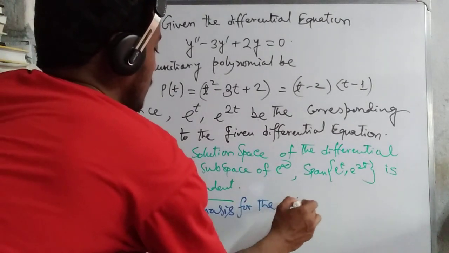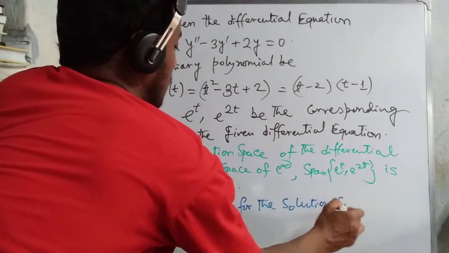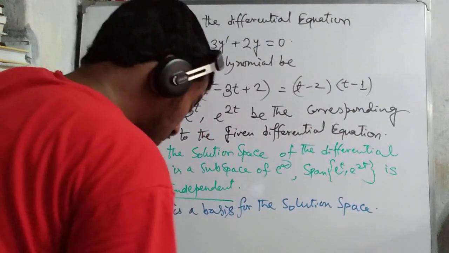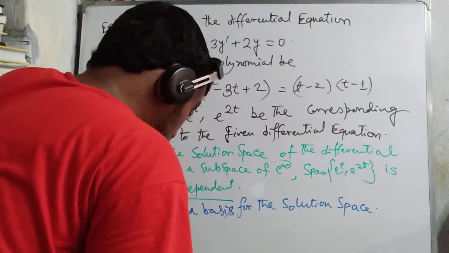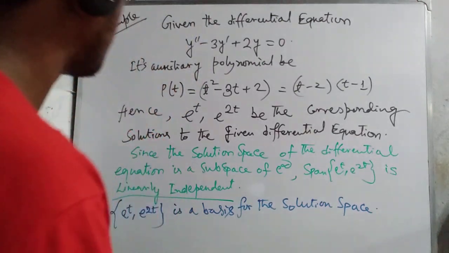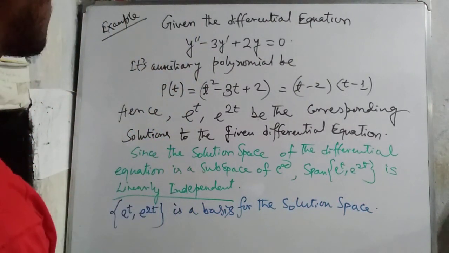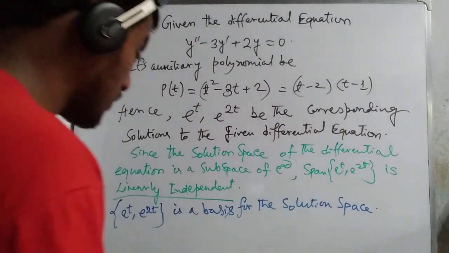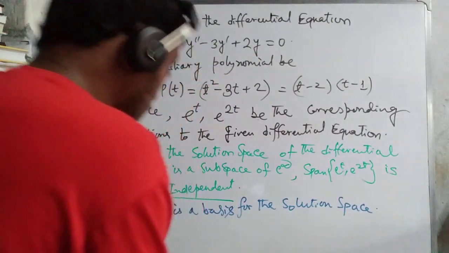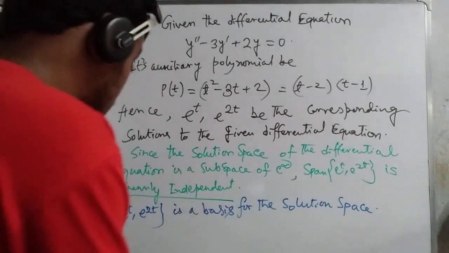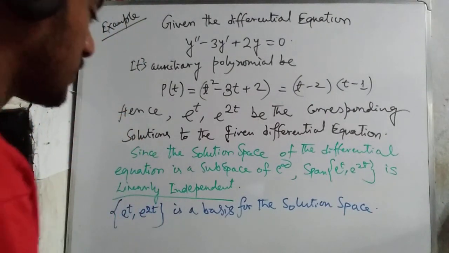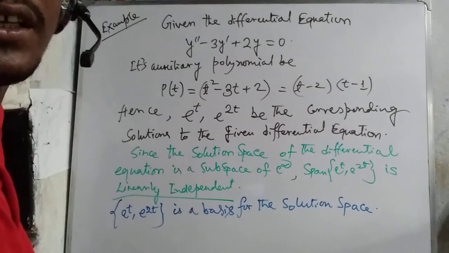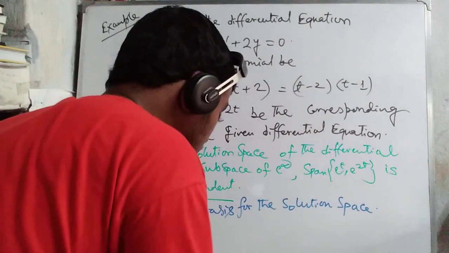Understood? Then we find a basis for the solution space from the given differential equation. In this way we also discuss this theorem related example. I think this one is too easy.